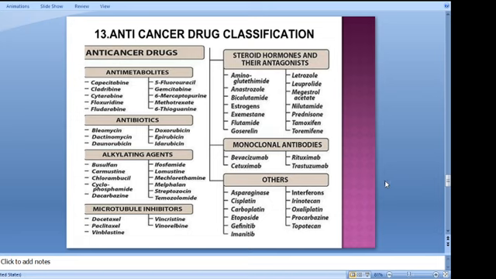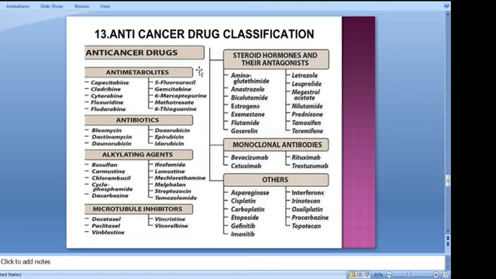So now we can go to the anticancer classification. As per your syllabus or course, we have to see the anticancer classification. We have many classifications. The first one is the antimetabolites.